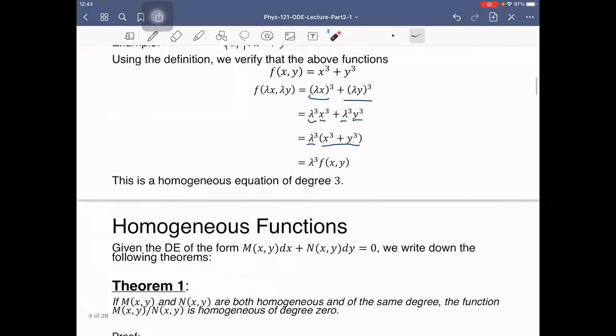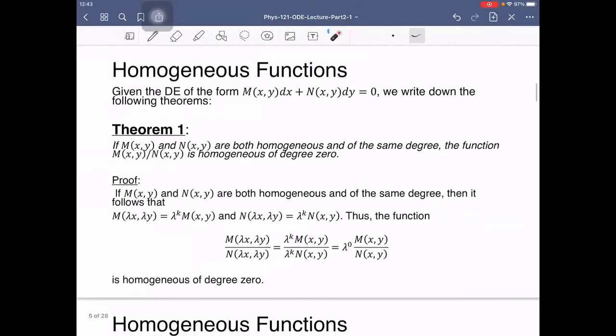Okay? So, let's have some theorem. So, given a differential equation of the form m of xy dx plus n of xy dy is equal to 0. Okay? So, this is just a differential equation. So, let's have some theorem.